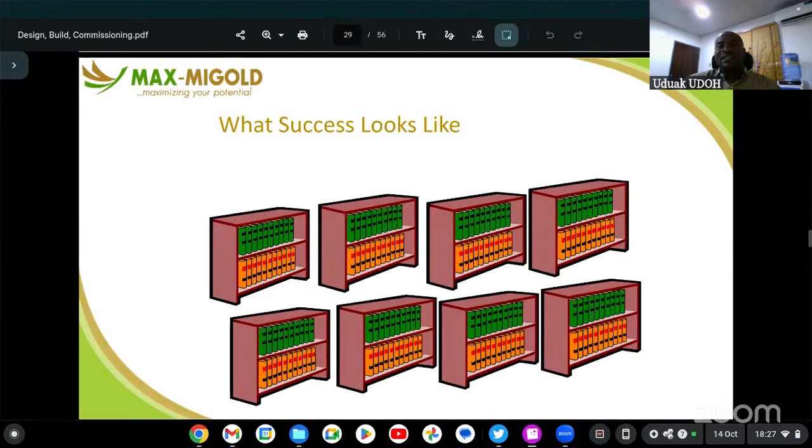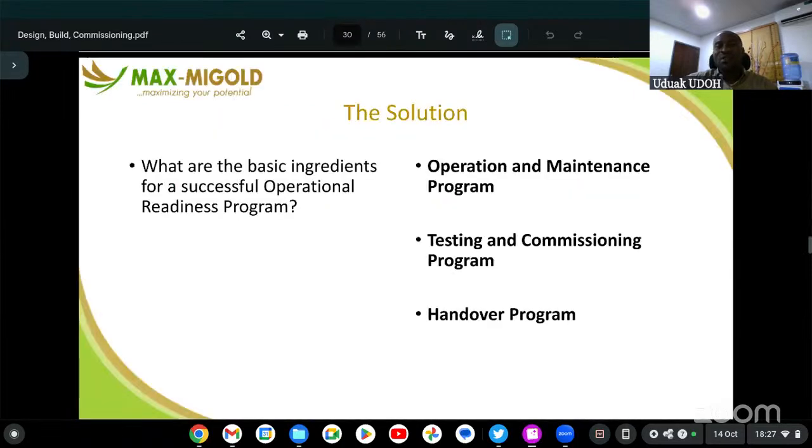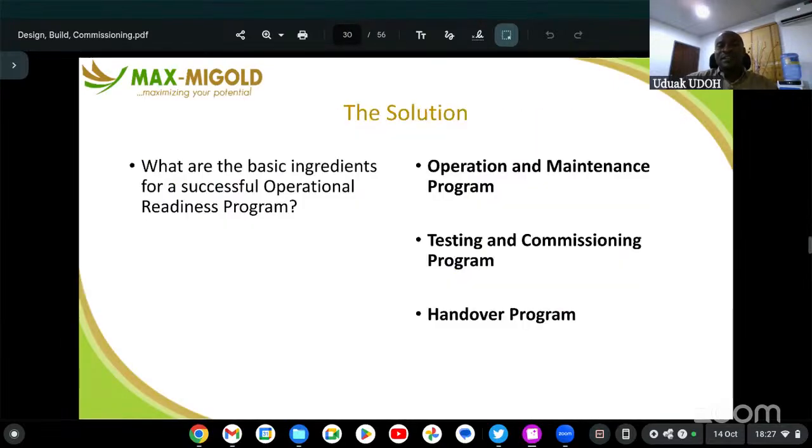It looks arranged, it looks okay, the format is fine. And what do we get? We get a solution that provides a strict record on operation and maintenance, a section on testing and commissioning, and then also the handover. That's what brings it.